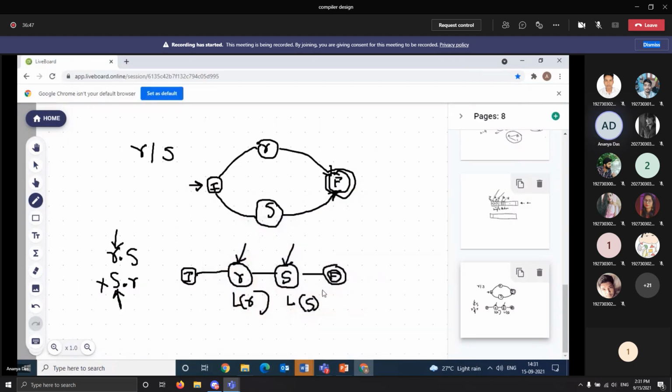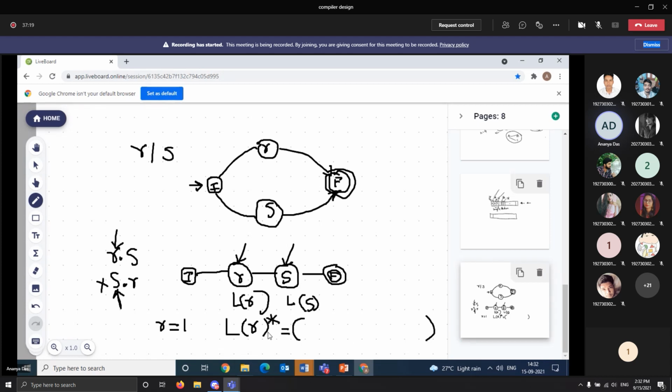Okay. So what I was telling, suppose you are utilizing the R as 1 here, and you are writing L of R star. So that means inside the bracket you can have 0 or more occurrence of your R value. So here R value is 1.